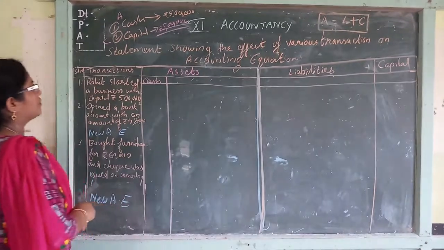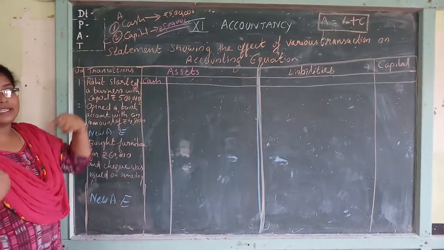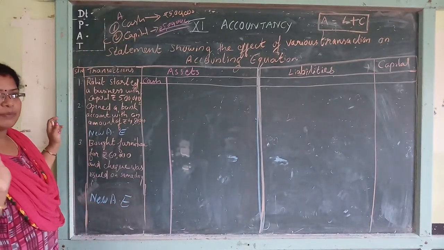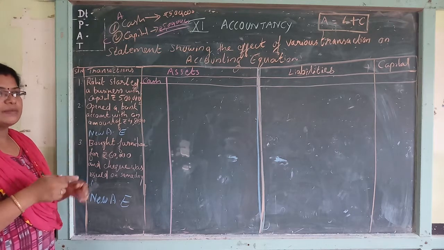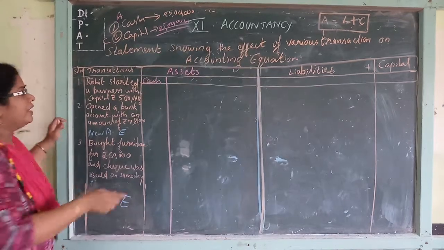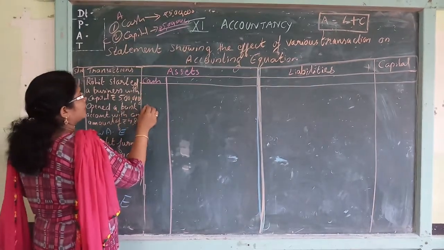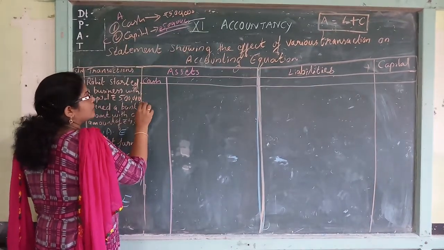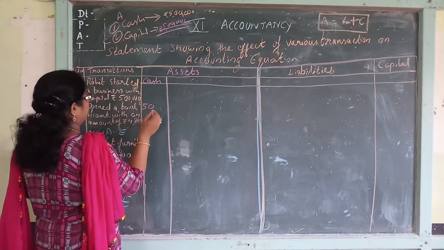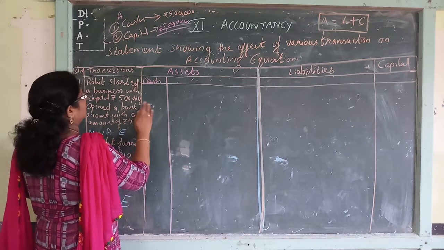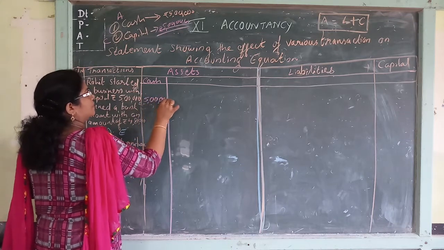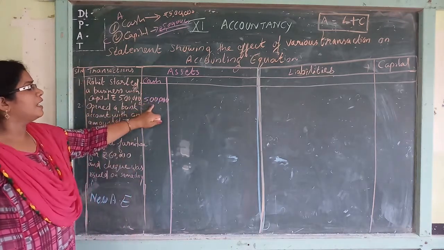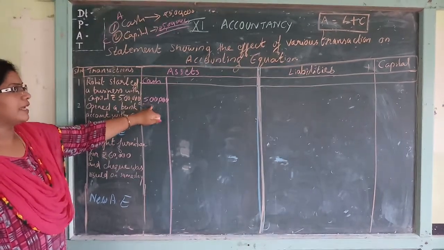How to enter this? Cash is increased in the business, so it is a plus sign. If it is a minus sign, the deducting items you put in brackets. Here it is a plus sign, so not putting in brackets, I simply write 5 lakh rupees. This 5 lakh rupees deposited in the business increases cash.